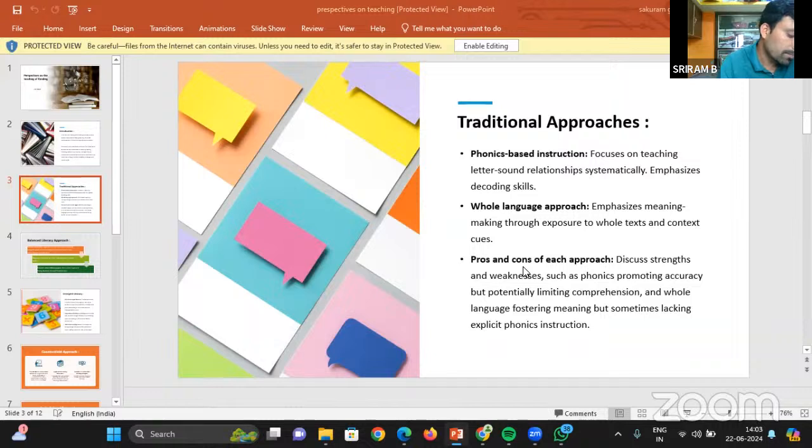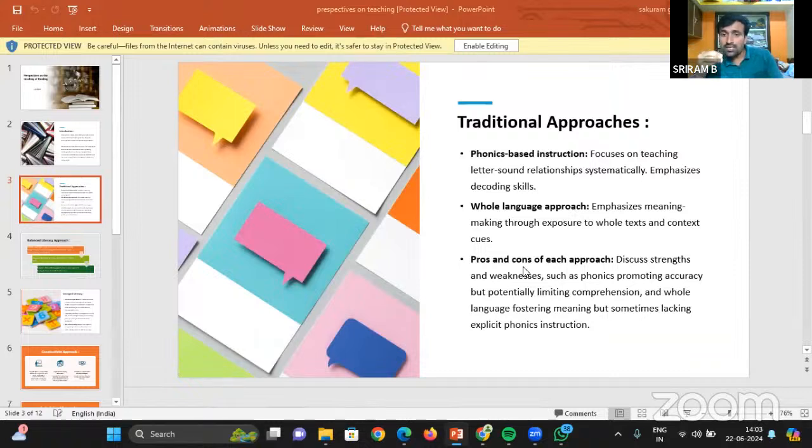I want to tell you here, whole language approach, like with the exposure in the first standard or when we are in childhood, we may read by letter and think and speak.